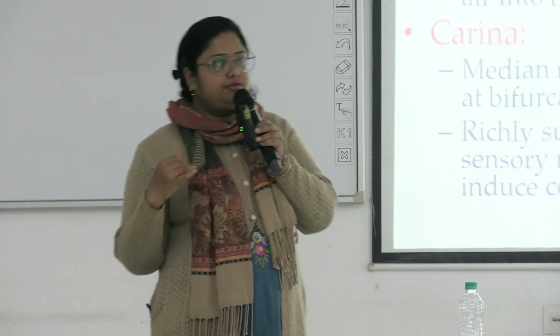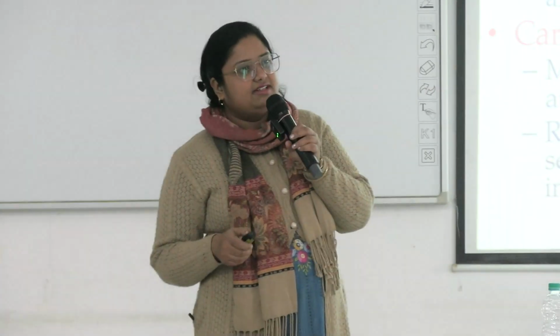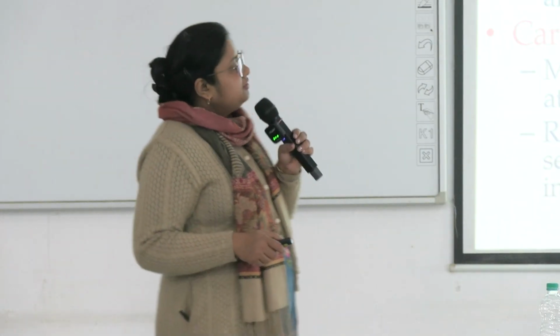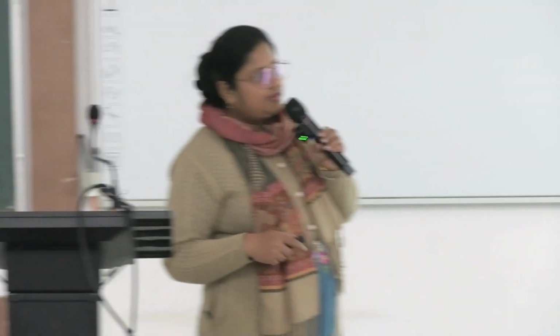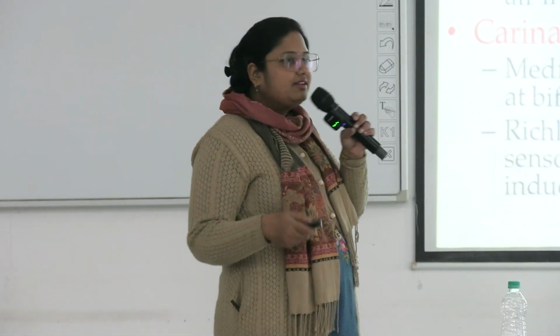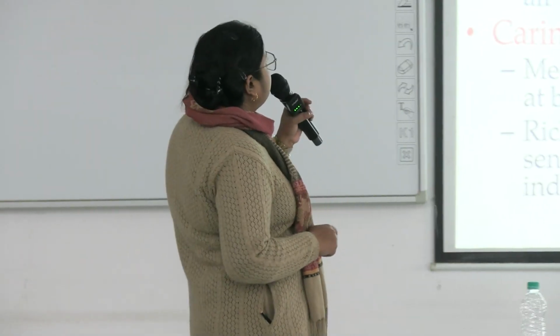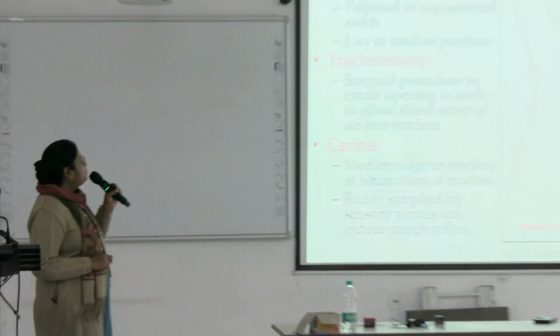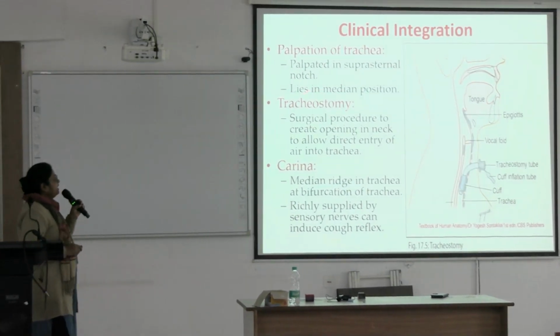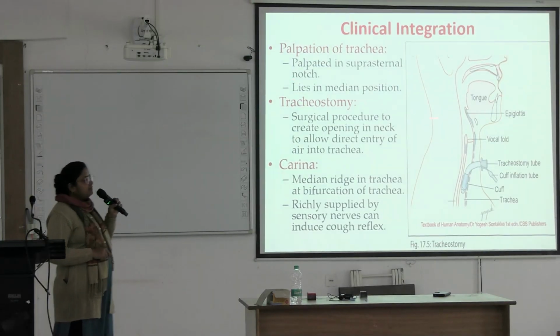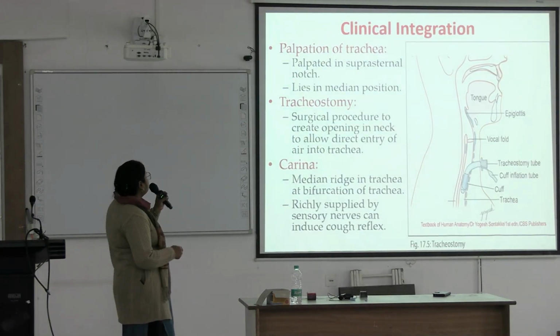Like this, you have to know the position of the trachea. You have to practice it during the clinics. You will learn from the second year. So palpation is done in suprasternal notch, and trachea lies in the median position generally.